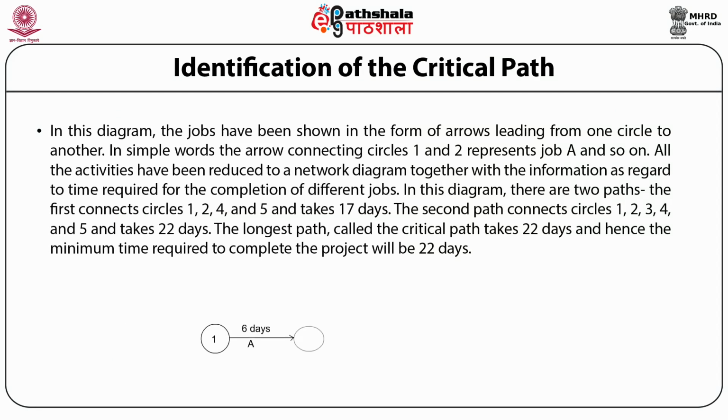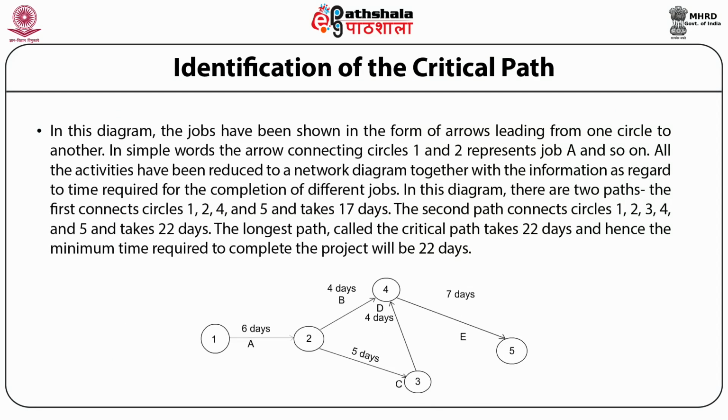In this diagram, the jobs have been shown in the form of arrows leading from one circle to another. In simple words, the arrow connecting circles 1 and 2 represents job A and so on.